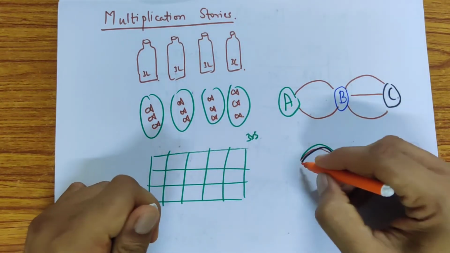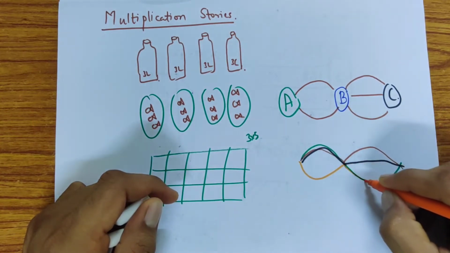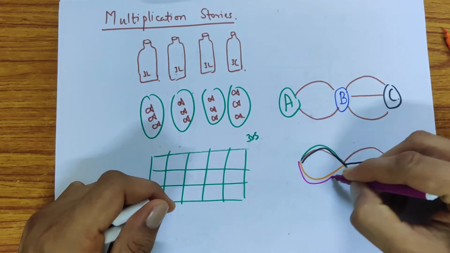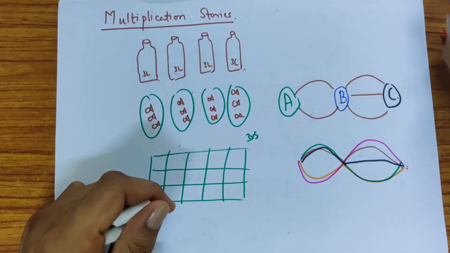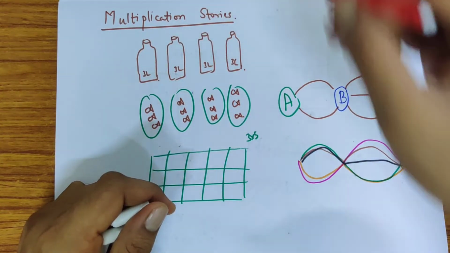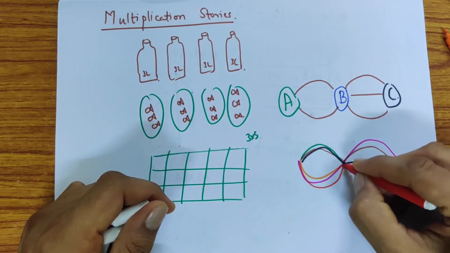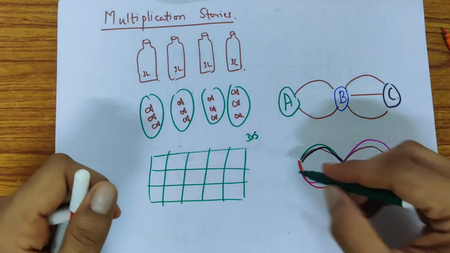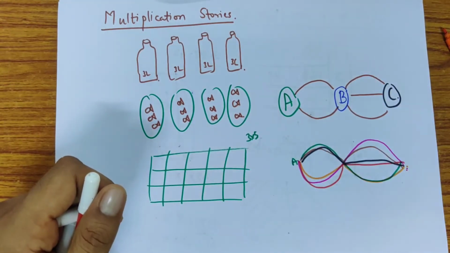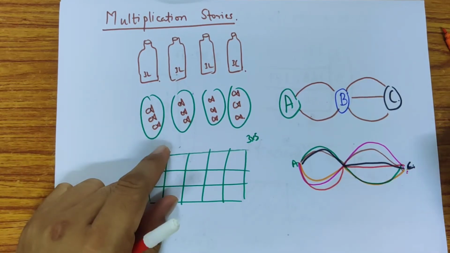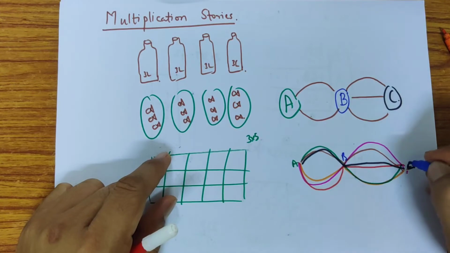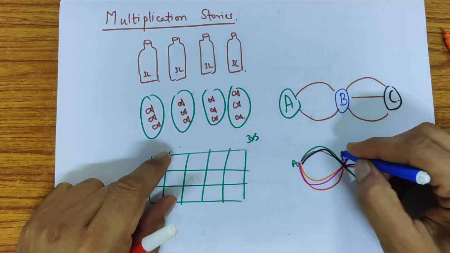So another way is to go from here to here and then do that. And then another way is to go from here to here and do that. And yet another way is to go from here to here and do that. So there are 6 ways in which you can get from A to C while going through B. So this is one more multiplication story that can be used.